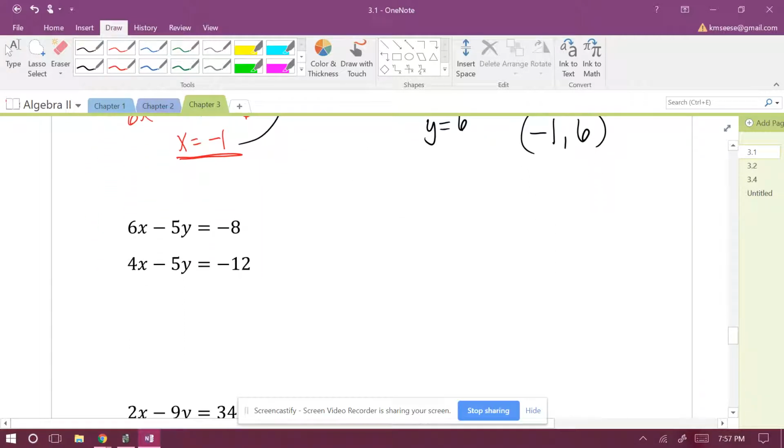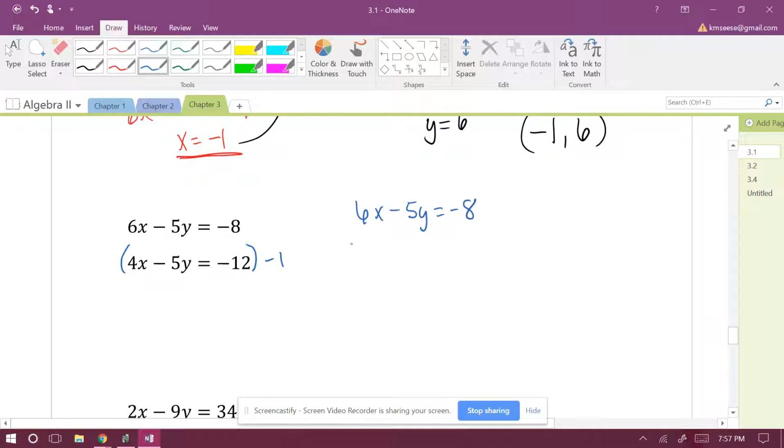All right, so if we look at this next example, I have 6x minus 5y equals negative 8, and 4x minus 5y equals negative 12. Well, right now, I don't actually have opposite terms, but I'm really close. Negative 5y. So what I'm actually going to do is multiply the second equation by negative 1. My first equation will stay the same.